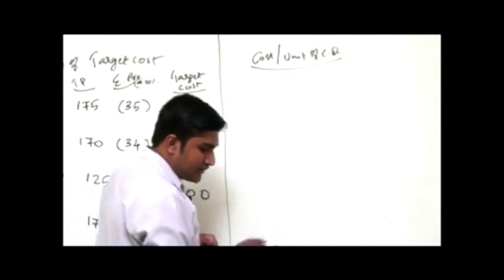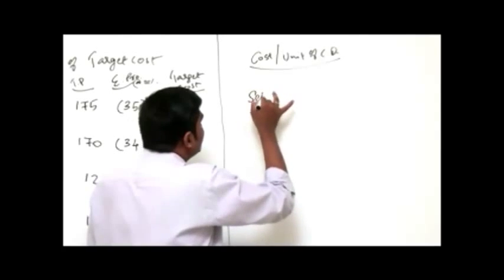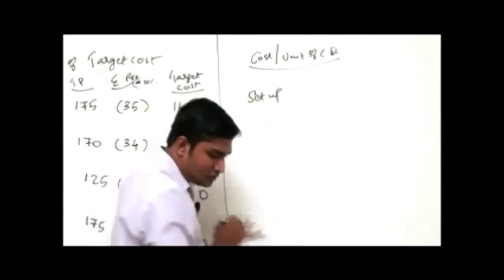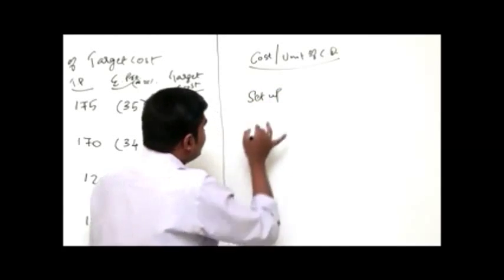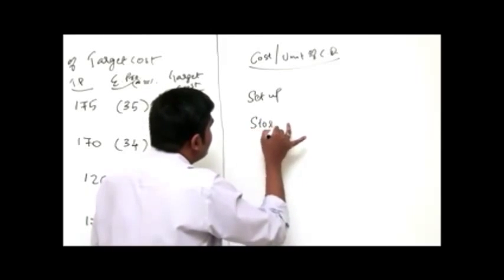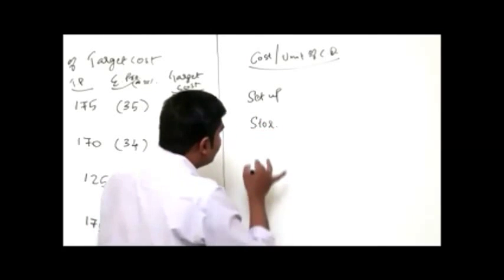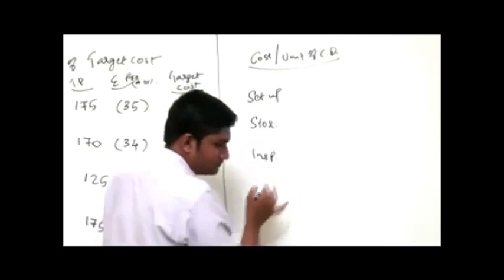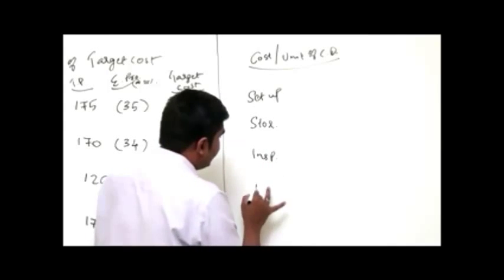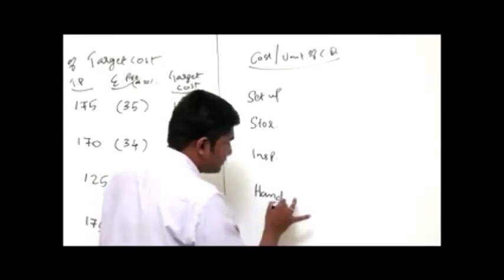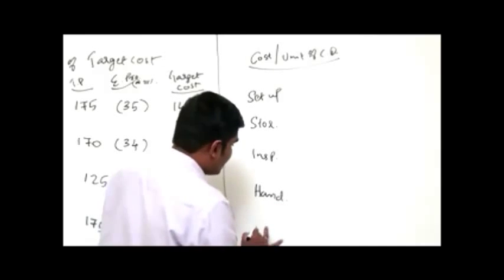There are 5 activity costs, namely setup cost, stores receiving cost, inspection cost, handling cost, and machining department cost.